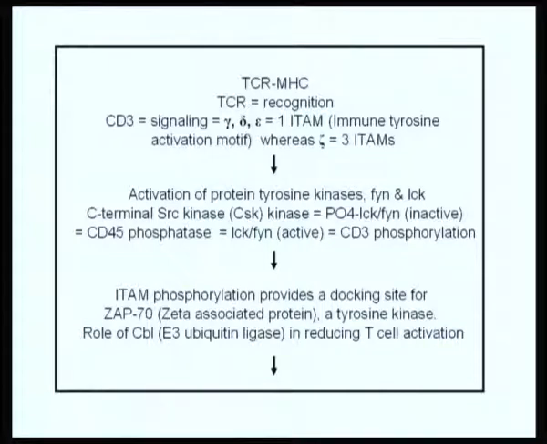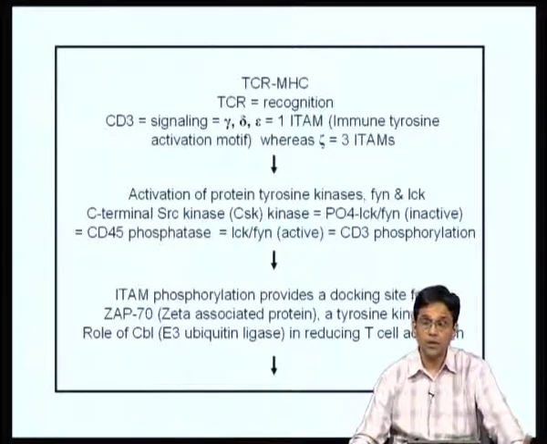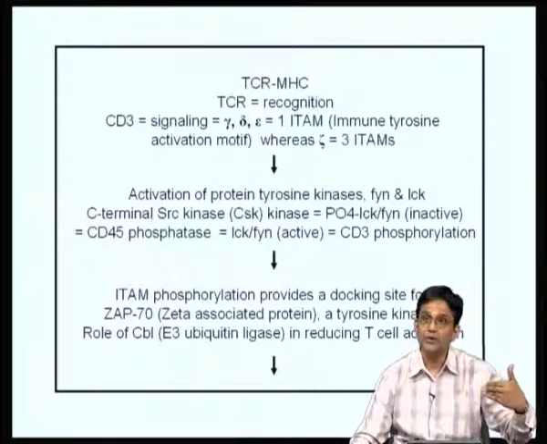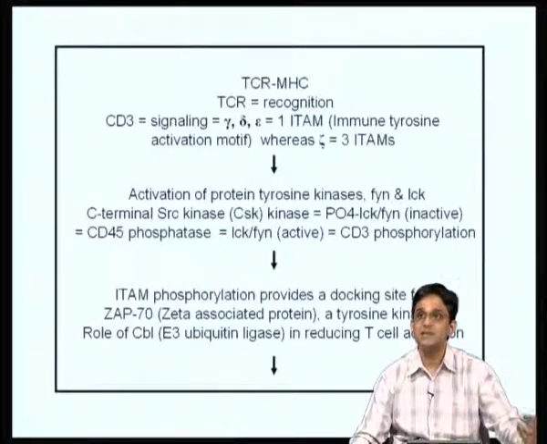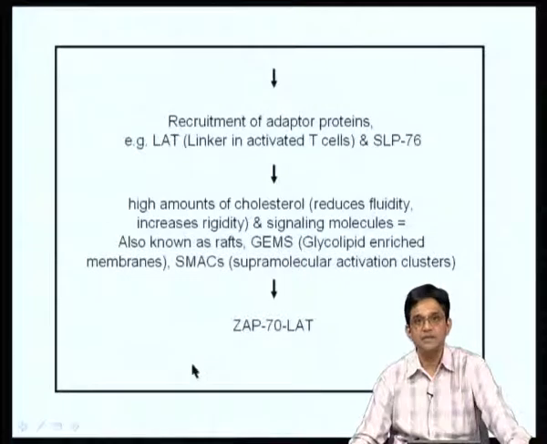So, what Cbl does is reduce activation of ZAP70 or reduce amounts of ZAP70, as a result of which you can lower T cell activation. In conditions where there is no Cbl, what would happen? You would have increased phosphorylation of ZAP70, and that would go on to lead to problems with autoimmunity, and that is something that we will see later.